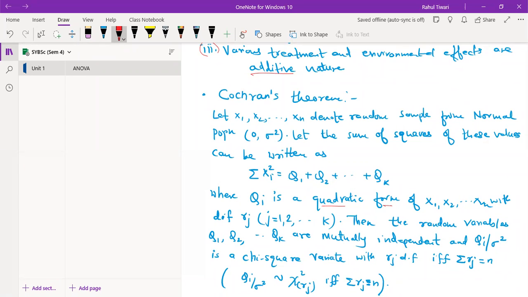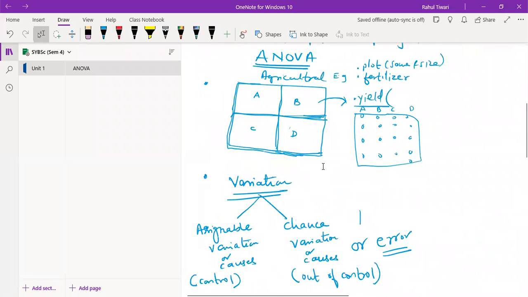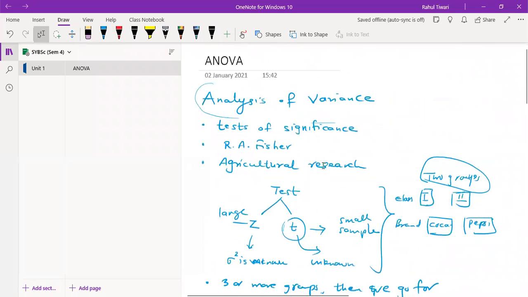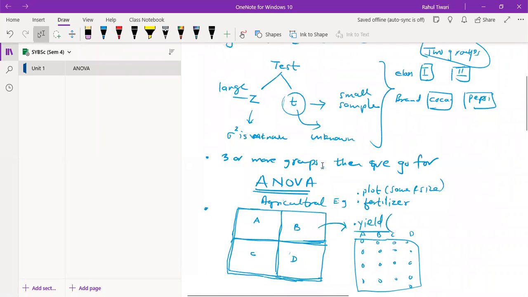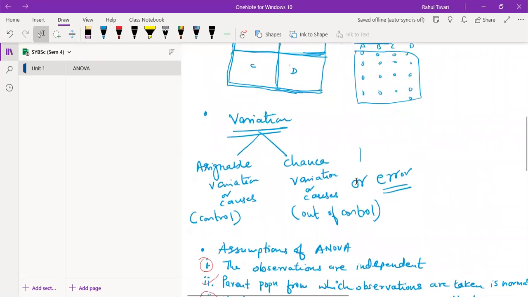I hope I have covered the basic concepts of Anova: what is Anova, when do you apply it, who invented it, where and when it is used, and how to apply it. All those theoretical things we can see in the coming sessions. The main aim of Anova is the separation of variation into assignable variation and chance variation.